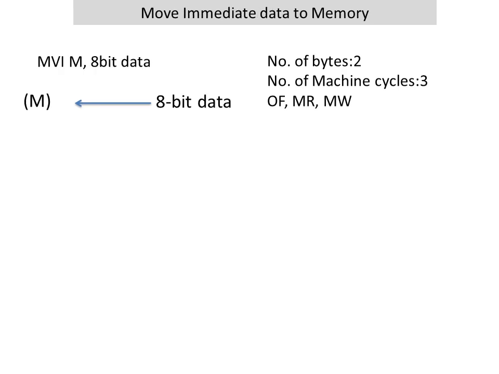Next one is MVI M comma 8-bit data. You should see here very clearly that to read the 8-bit data we need a memory read machine cycle, and it has to be written into the memory again, because as far as this particular instruction is concerned, the 8-bit data has to be copied into the memory location. So we require 3 machine cycles. The first 2 are part of the fetch operation and the last one is part of execution.